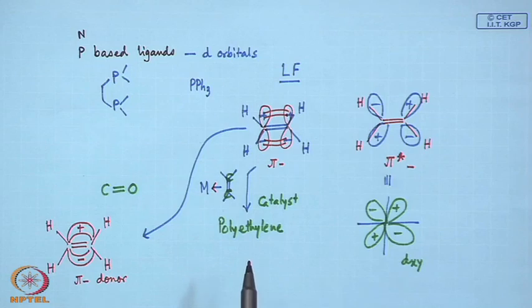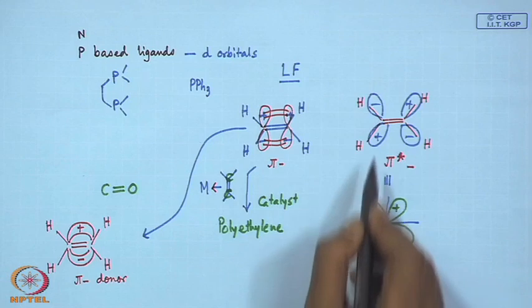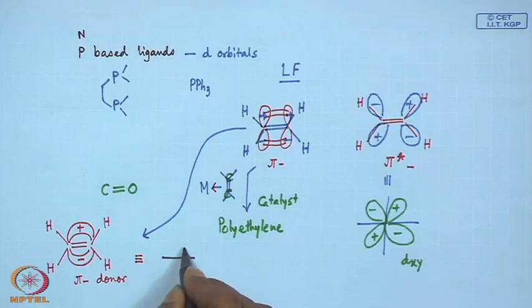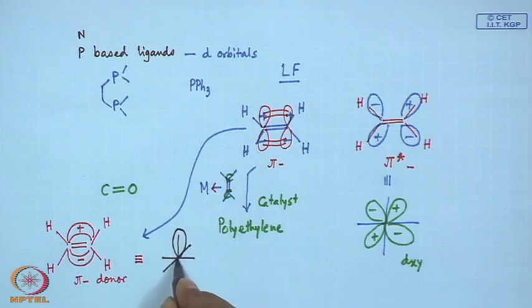So, it will donate the electron density to the metal vacant orbital, and this orbital has some equivalency with the p type orbital. So, it can very nicely be utilized for donation.